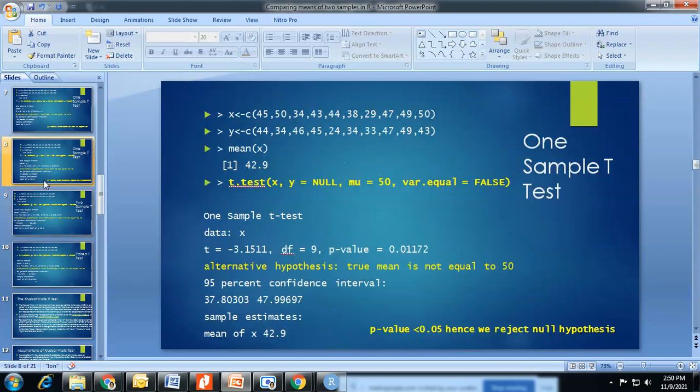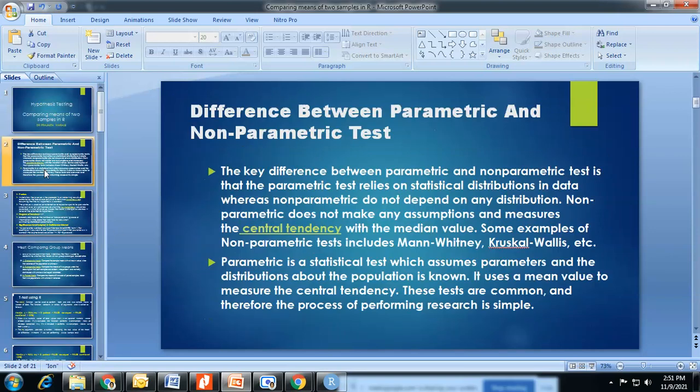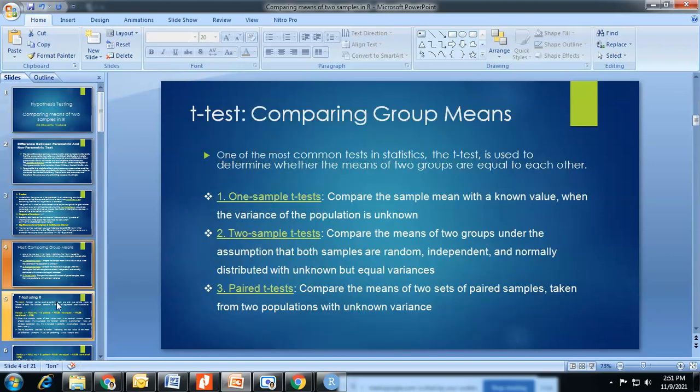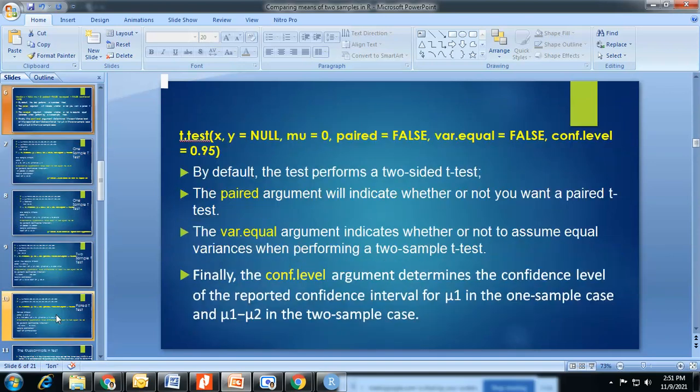So this is how we perform the t-test. You can execute these instructions. How do we perform the t-test? Try different alternatives for x, y, mu, paired, variance, and then try to execute.